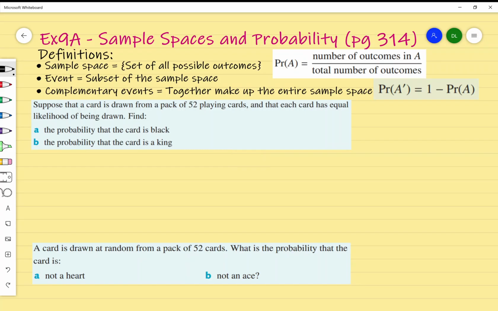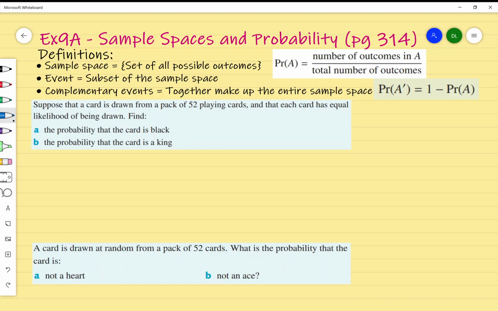A lot of the stuff, like I mentioned, is stuff you covered last year, or before that, or it's common sense, and hopefully we can apply that here as well. So suppose that a card is drawn from a pack of 52 playing cards, something that you'll be very familiar with by the end of this topic, and that each card has an equal likelihood of being drawn. We need to find the probability that the card is black.